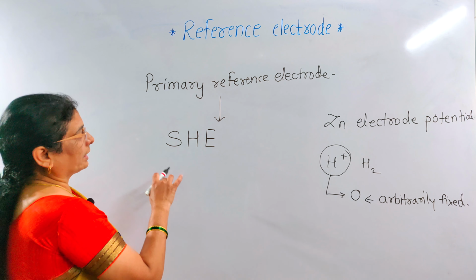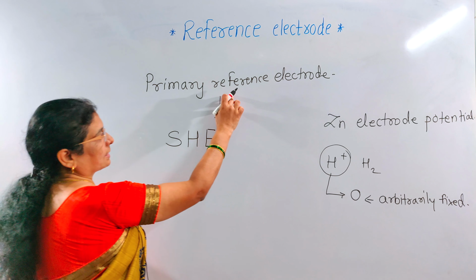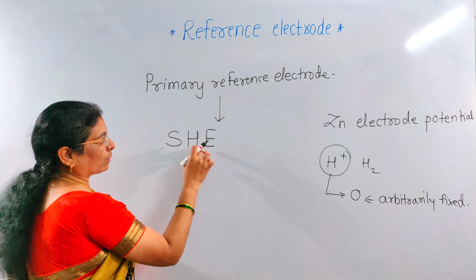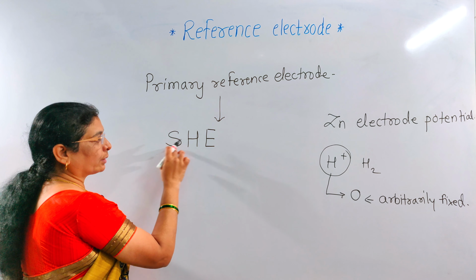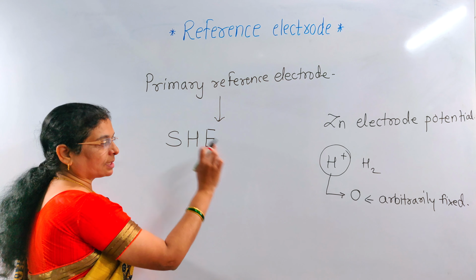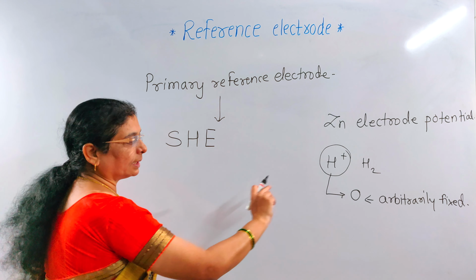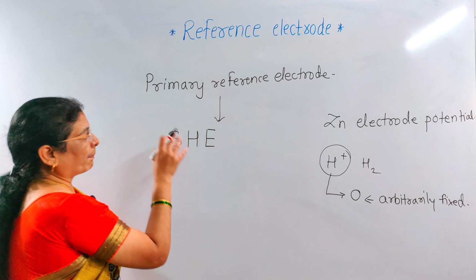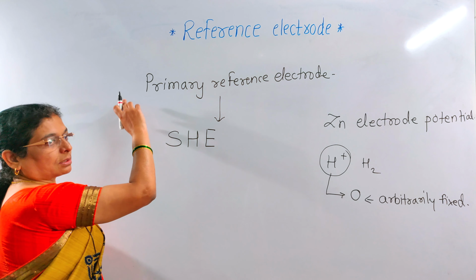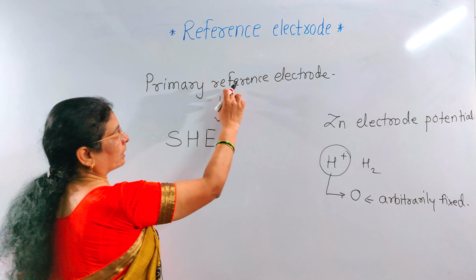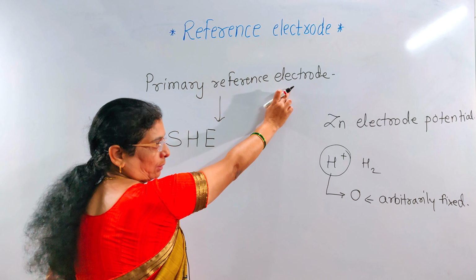Now remember here, the primary reference electrode is the standard hydrogen electrode, and its potential is arbitrarily fixed as 0 volt. But at all times, the standard hydrogen electrode cannot be used as a reference electrode.